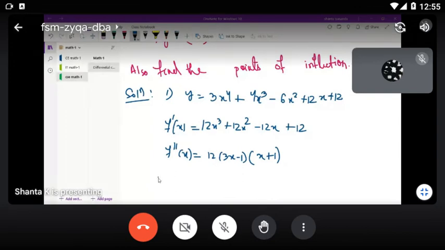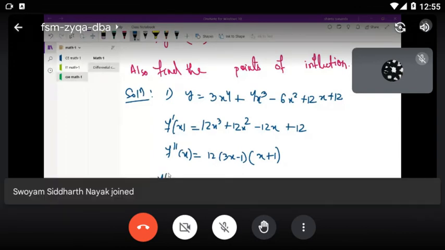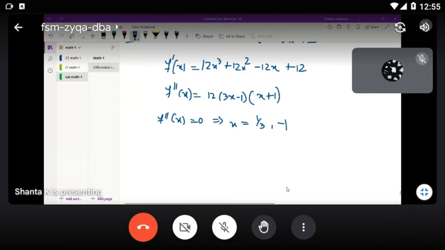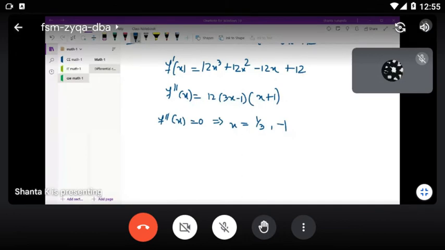The points where f double dash x will be 0 are x equals to 1 by 3 and minus 1. If we are getting 2 points, we will check whether the graph is changing direction, from concave upward to concave downward or not. Simply check the neighborhood.